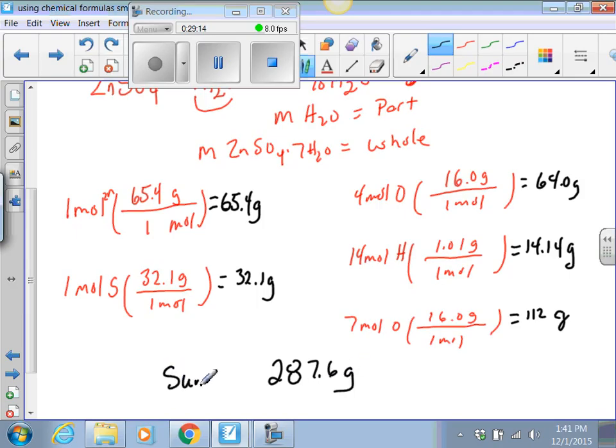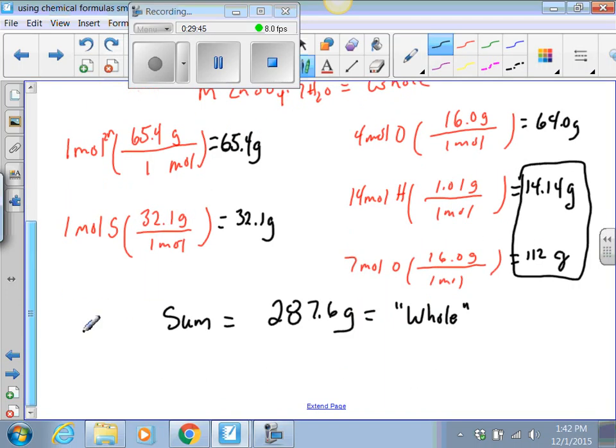So this is the sum, and that equals the whole. And we also have, you'll notice, almost all the parts, except really what we're interested in is water, right? So we're not interested in hydrogen and oxygen being separate. So how can we get the mass of water that's in this compound? We can add up the 2 parts that came from water.